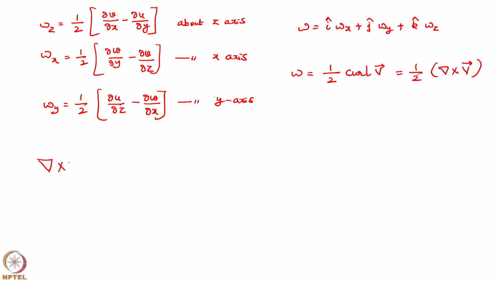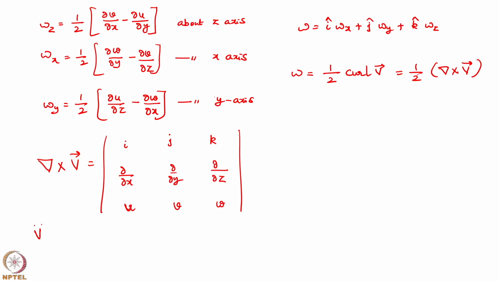Del cross V is nothing but the determinant with rows i, j, k; ∂/∂x, ∂/∂y, ∂/∂z; and u, v, w. That is V is i u plus j v plus k w.